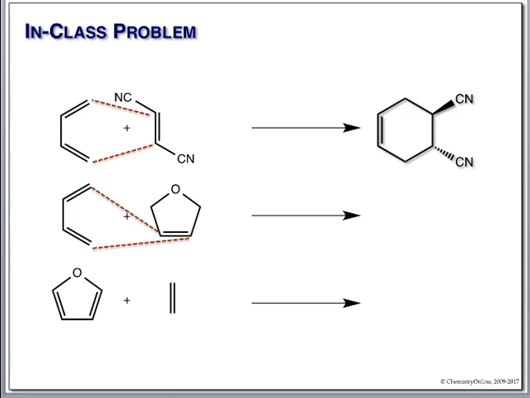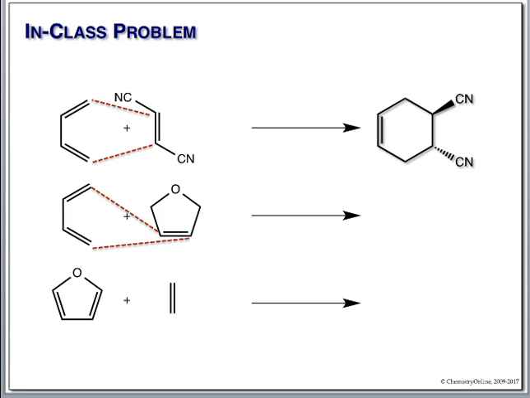Our next one. The bonds we're going to make are going to be from the terminal carbons of our diene to the alkene carbons of our dienophile. So these are going to form a six-membered ring, aren't they? The six-membered ring, however, is going to be attached to all the rest of this stuff. The rest of this stuff makes a five-membered ring, doesn't it?